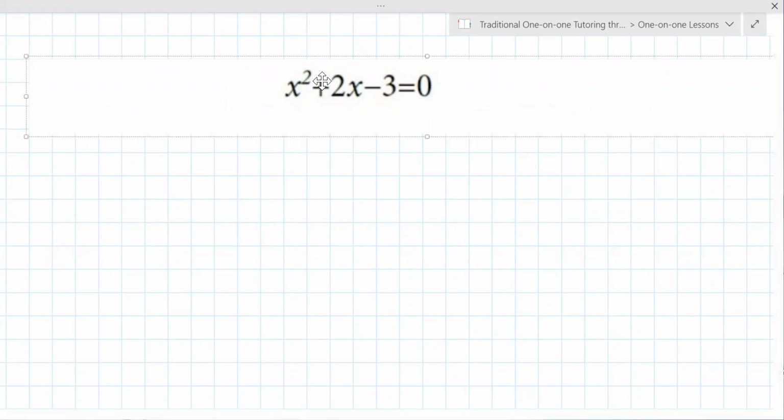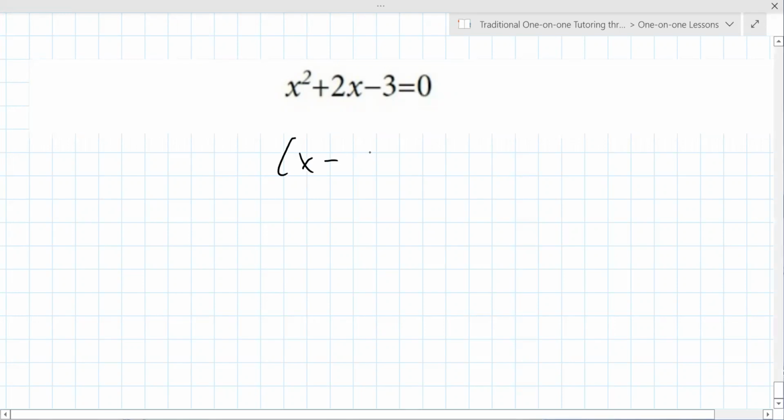One negative, one and 3. x minus 1 and x plus 3. Yes, that's correct.